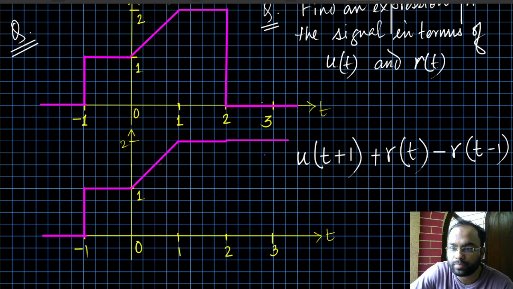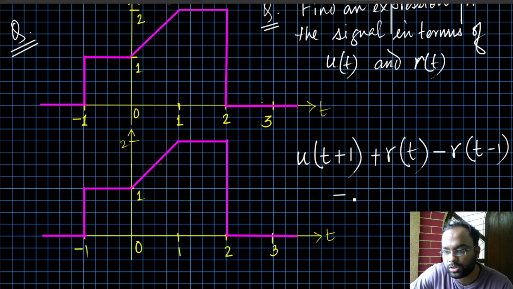So here the signal goes down to 0 and stays at 0 because we have a -2u(t-2).